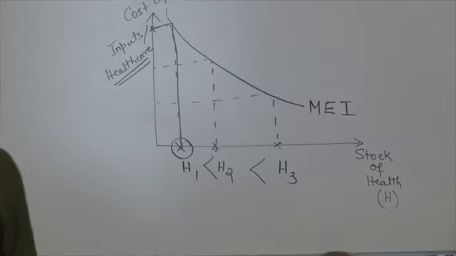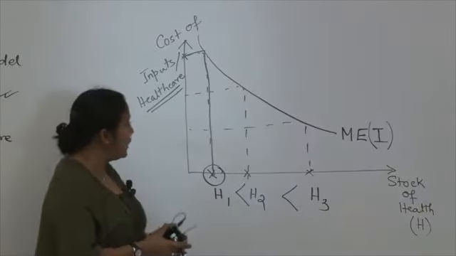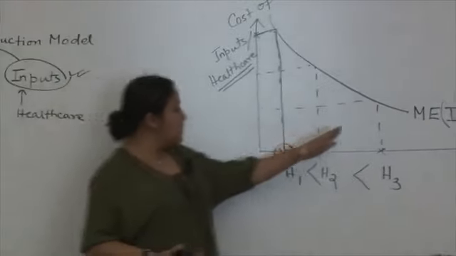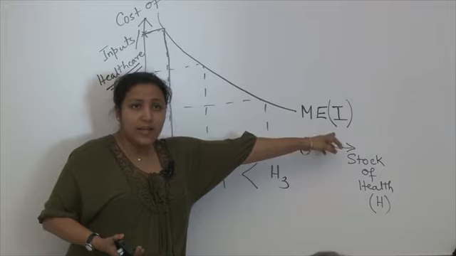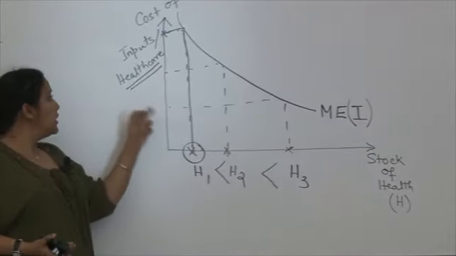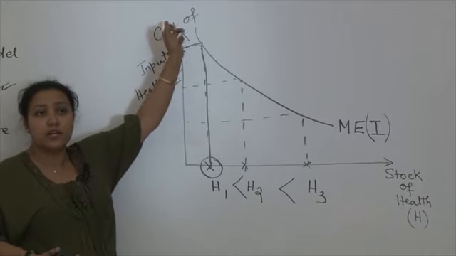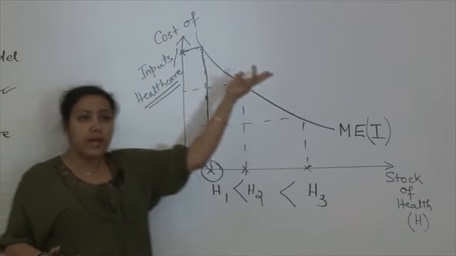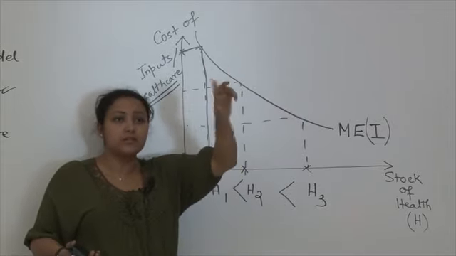Conceptually, it's just talking about the marginal benefit of healthcare. So we are referring to the benefit that I get from every additional dollar or every additional resource that I spend on this input that is healthcare. That is the definition of marginal, right? Remember, marginal is one unit at a time.